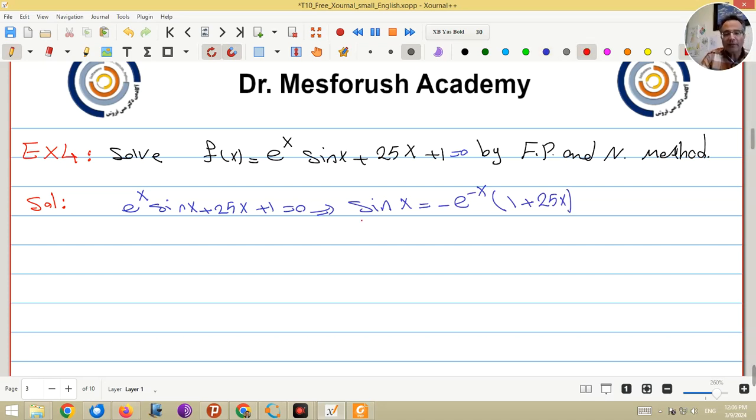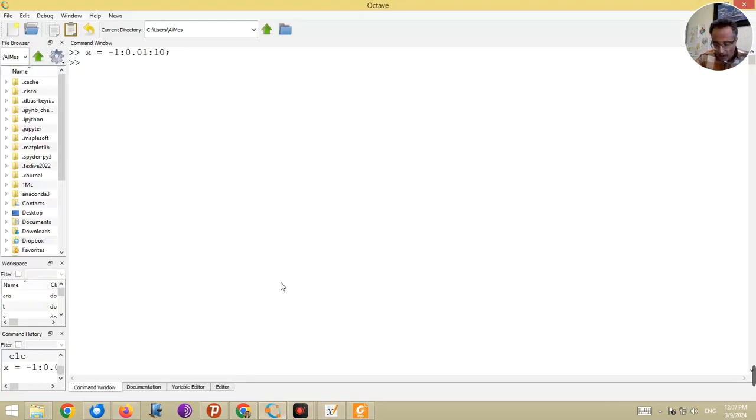So if we consider this one y1 and this one y2, and we plot y1 and y2 and investigate the intersection of the curves of y1 and y2, we could in fact find the number of roots.